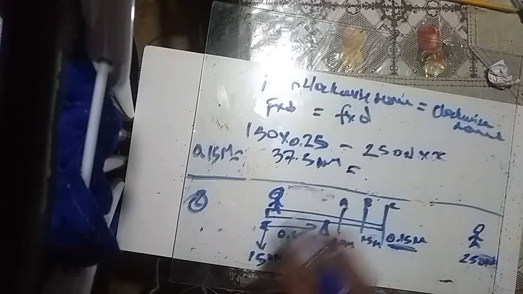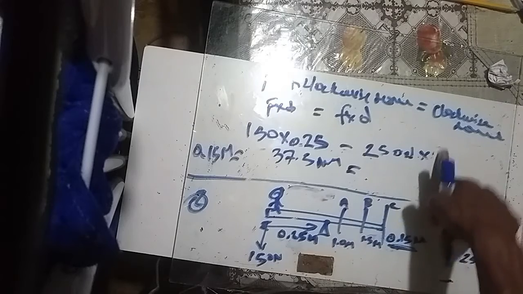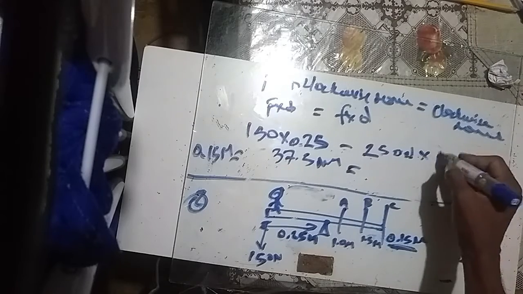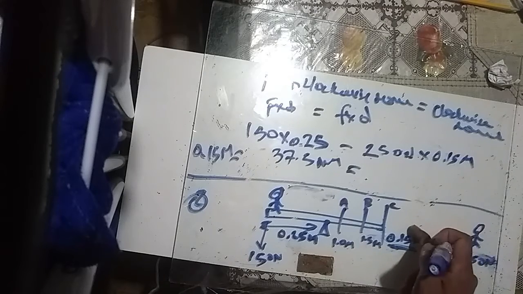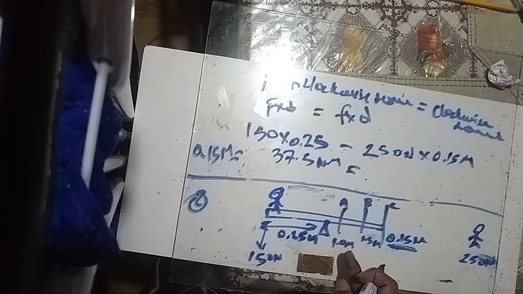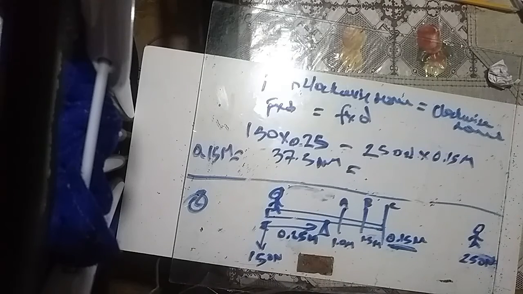Then that's supposed to equal the same moment over here, and we found the distance over there to be 0.15 meter. So let us see if it's 0.15 meter, which is the distance of C's position. Let us see if it equals 37.5. Because if it does not equal 37.5, then it cannot agree with the principle of moments.